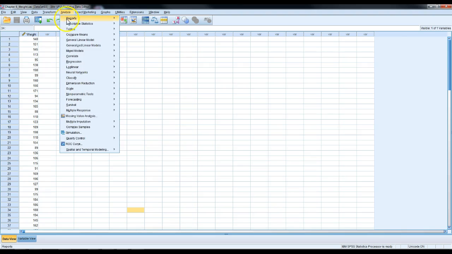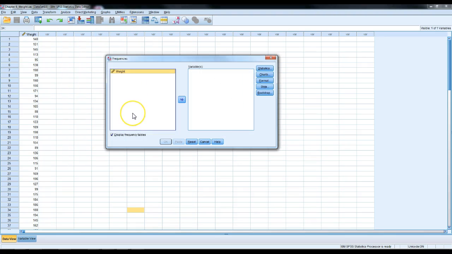So the instructions tell us to go to the Analysis tab. Frequencies are a type of descriptive statistic, so we select frequencies as we are instructed to do, and there's only one variable. So we slide that over as something to be analyzed. Notice by default we're requesting a frequency table, so we'll just leave this on to see what it gives us.